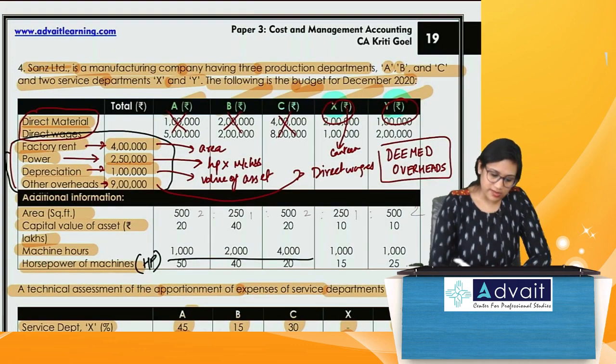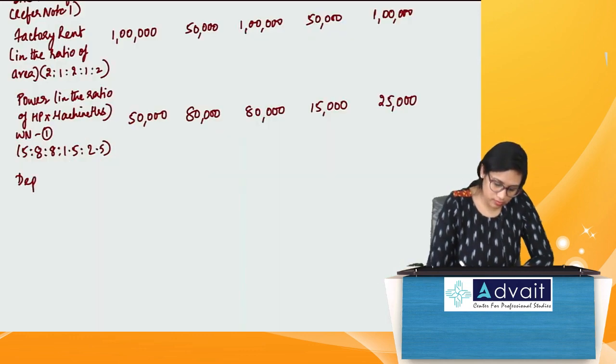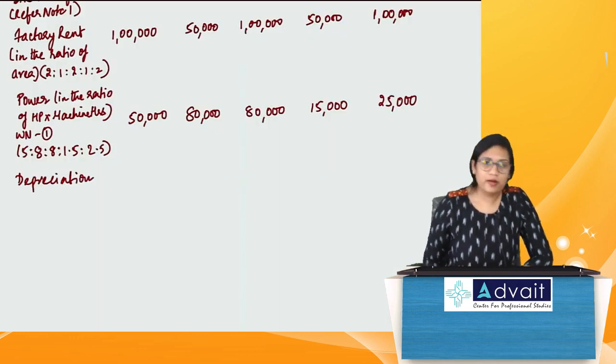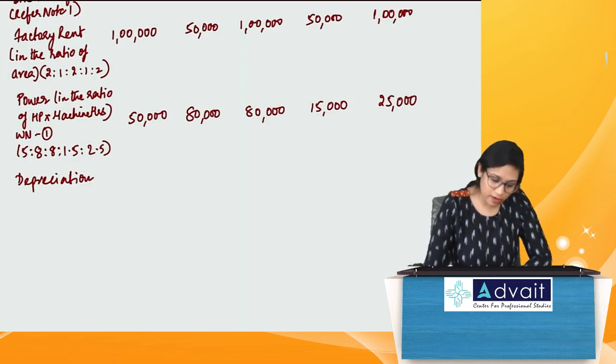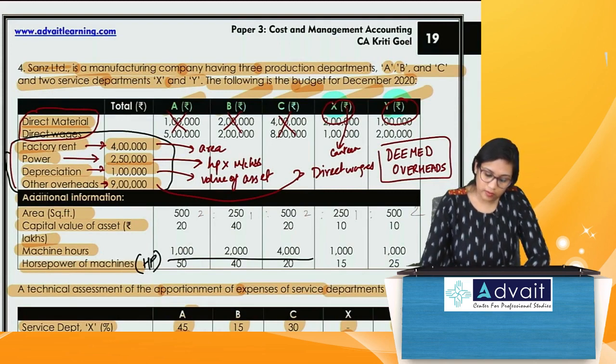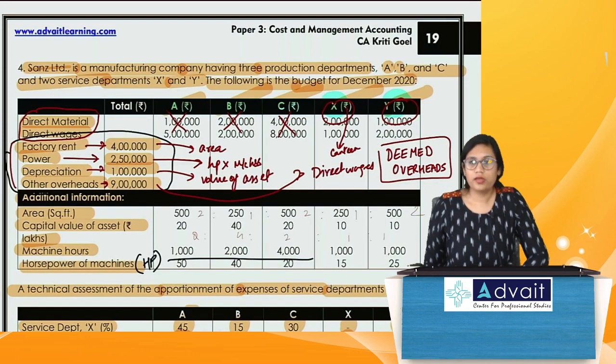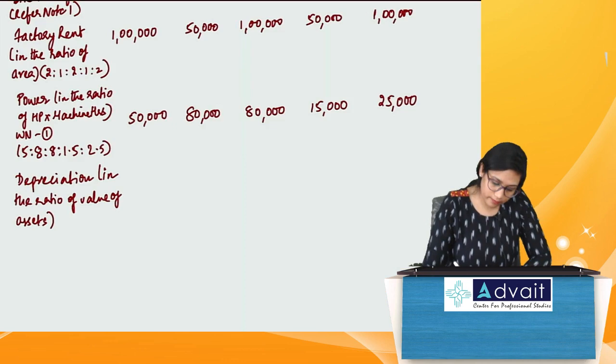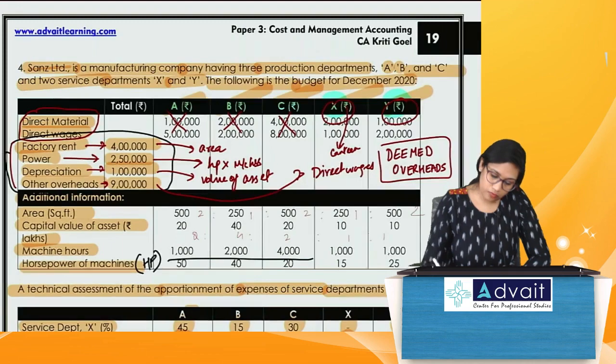Next cost, depreciation. Depreciation we know should be in the ratio of value of assets. So value of assets they have given 24211. So can I say 2:4:2:1:1, right? 2:4:2:1:1.